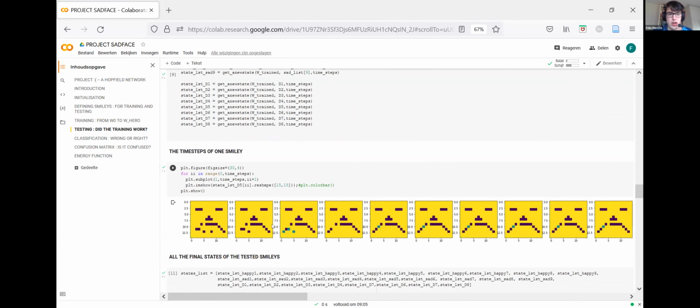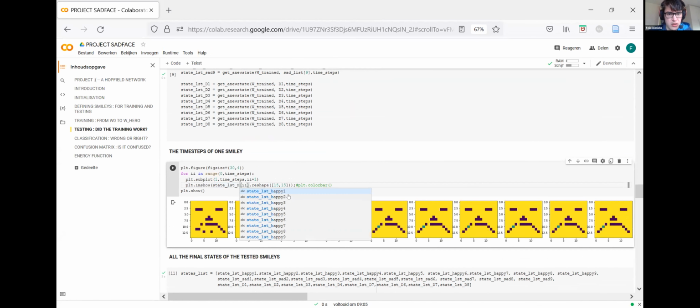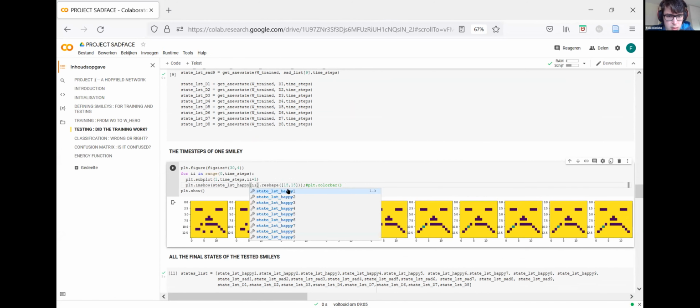Here, it shows us the time step of 1 smiley. Here we have D4, but let's make this H1 flat. You need to type in happy. Happy 1 or happy, whatever you want.